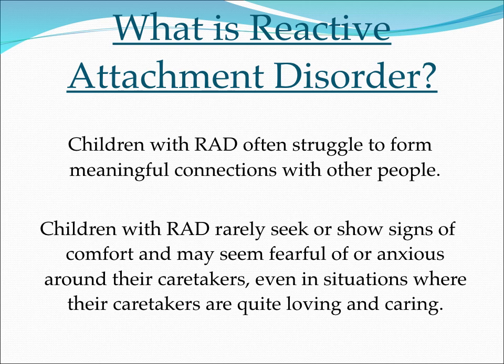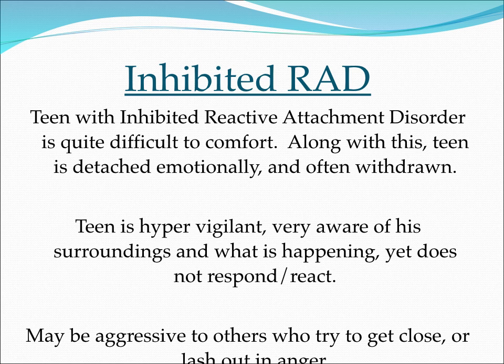Now, there are two forms of reactive attachment disorder. The first is inhibited RAD. Those teens with inhibited reactive attachment disorder are very difficult to comfort. When they're upset, when they're anxious, it's difficult to comfort them.